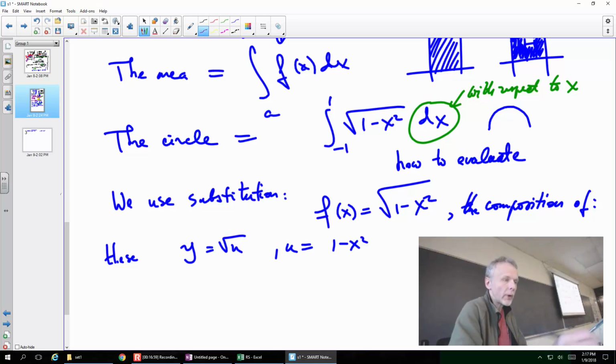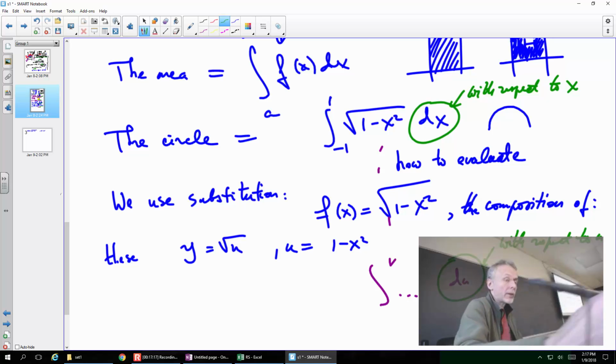So we want to convert this somehow into an integral of something with du over here. This du indicates that the integral is with respect to u. This is the hardest part of integration by substitution, the conversion of one differential to another.